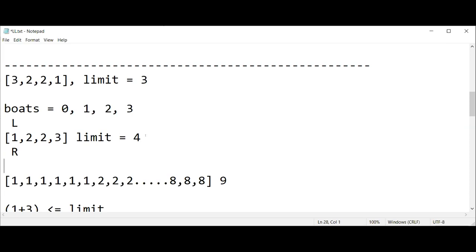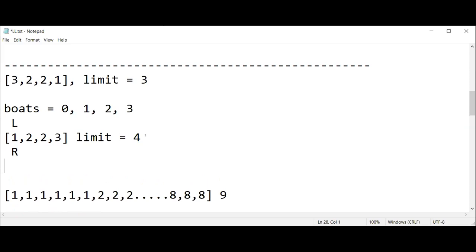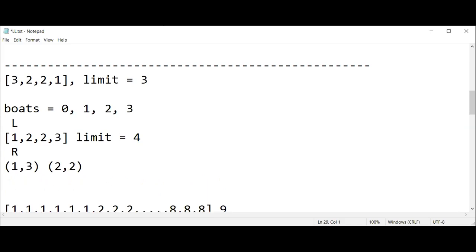Okay, so in this case, first let me do it with my approach. If I say 1, 3, this will be one board, and then the second will be 2 boards, right? But if we go with both left and right, this will be 1 and 2, one board.